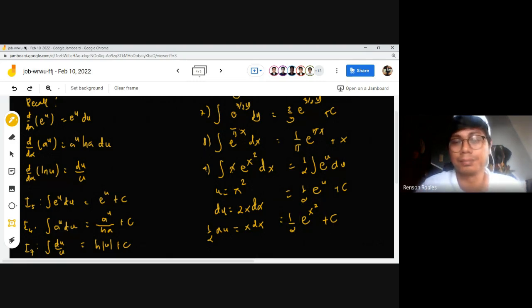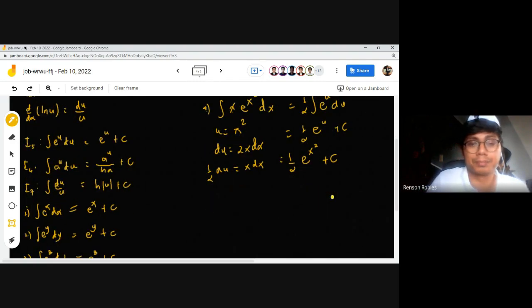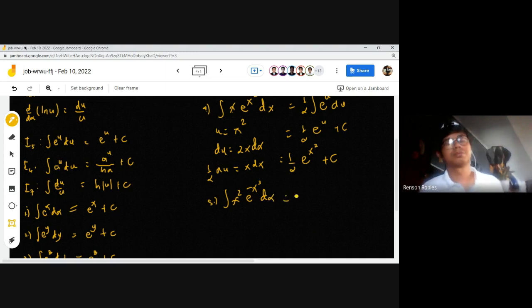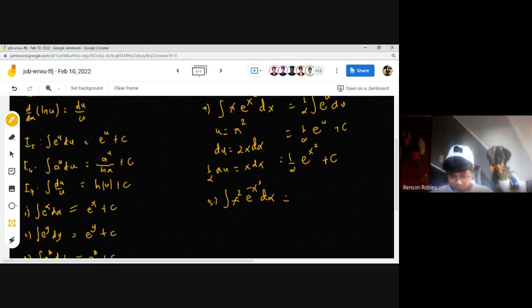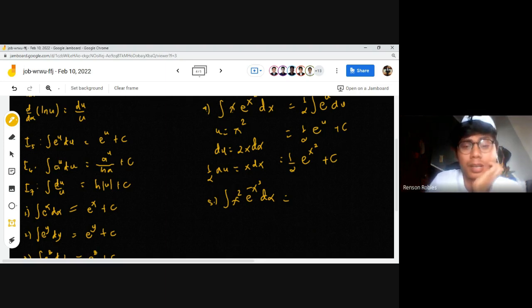Let me see. Number 5. Integral of e to the negative x cubed dx. That would be what? Ano ang derivative ng negative x cubed?